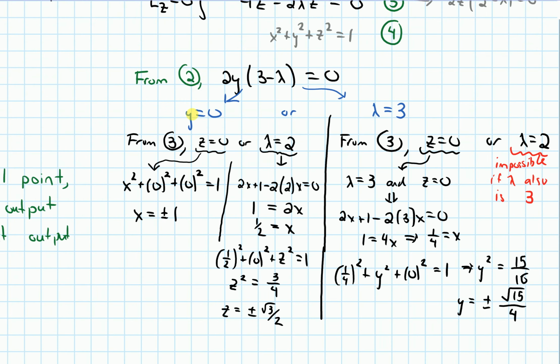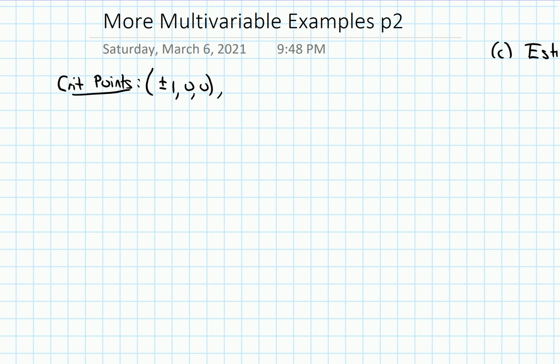Right, so those were coming from this situation when y equals 0, z equals 0, and x equaled plus or minus 1/2. In the next subcase, we got x was 1/2, y was 0 again, and z was equal to plus or minus root 3 over 2. So writing that down, x was 1/2, y was 0, z was plus or minus root 3 over 2. And there's a few more.